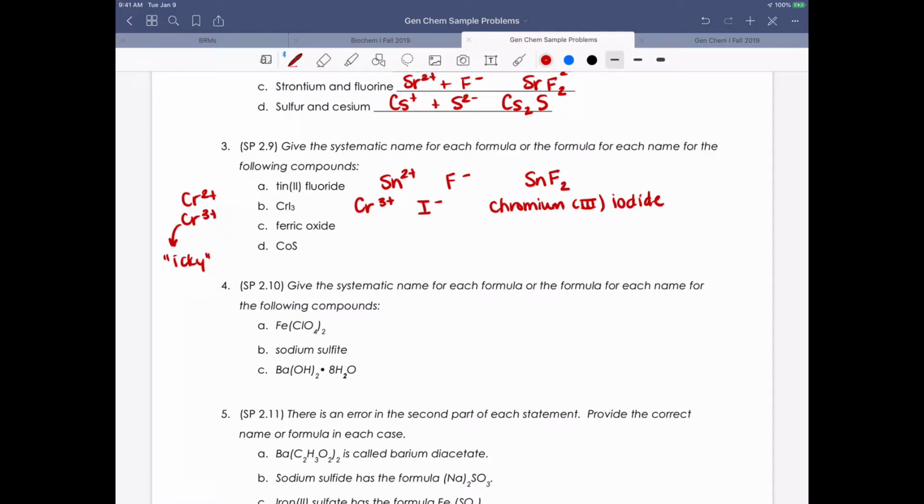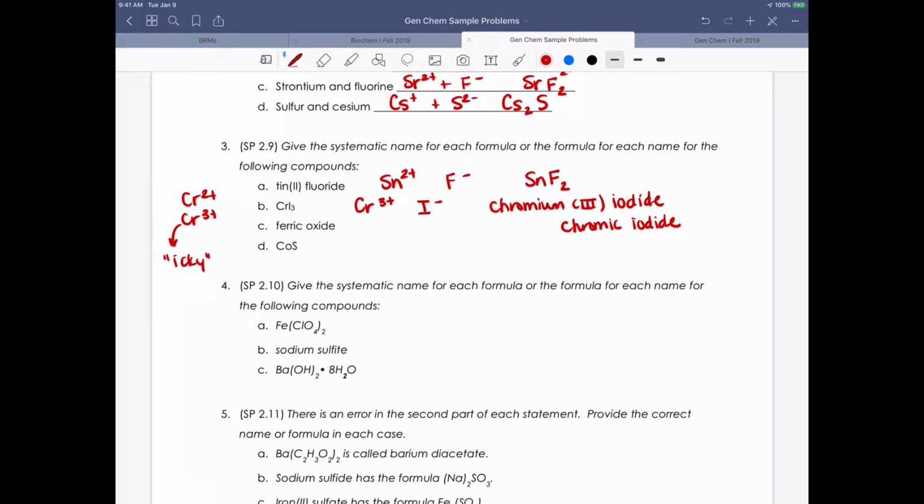So this could also be chromic iodide. If you are asked to provide the name, either one of these names would be correct, but you want to know how to name these both ways, because if you were given chromic iodide and needed to provide the formula, you'd need to know that that was chromium in the 3+ state.